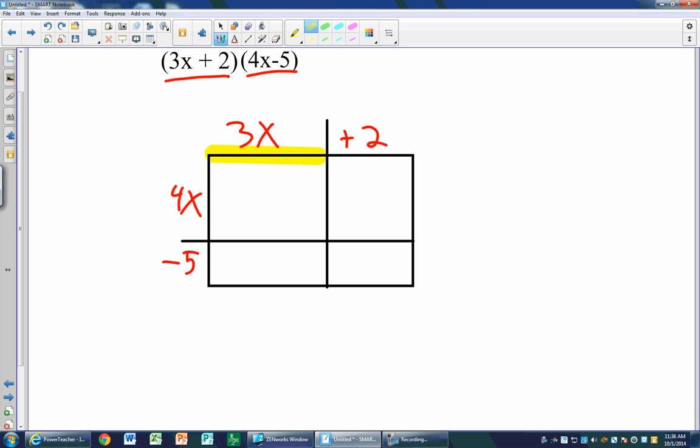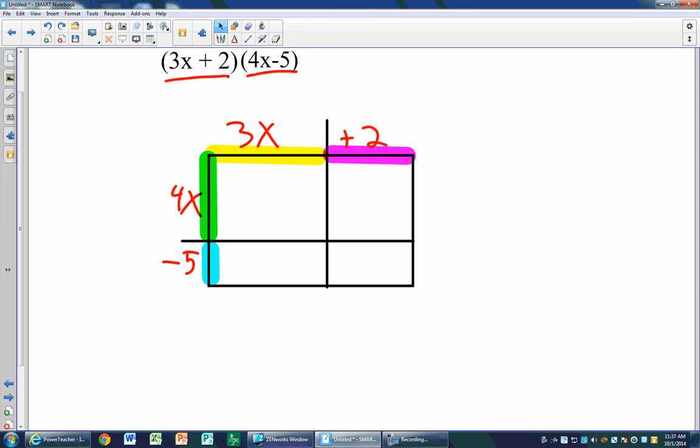This part is 3x inches long. This part is 4x inches long. And we'll get to it, but this is going to be 2 inches long, and this is -5 inches long.